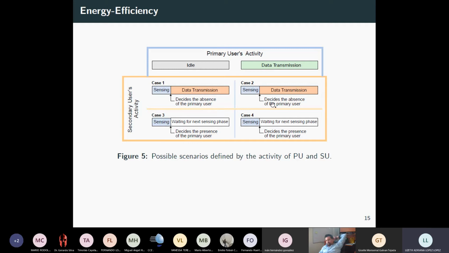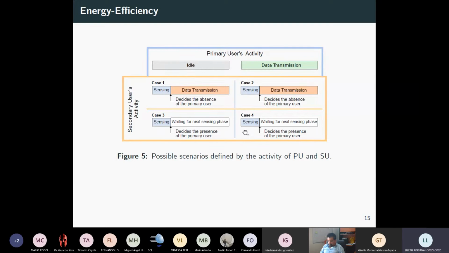And case 2 is when the primary user is present and the secondary user decides the absence of the primary user and transmits data. Case 3 is when the primary user is absent and the secondary user decides the presence of the primary user and waits until the next sensing phase.